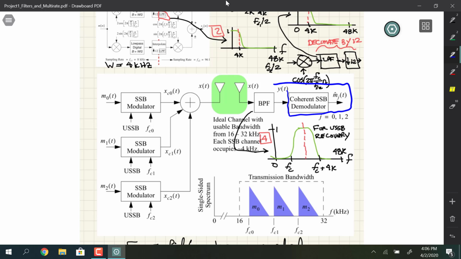So I'm looking at task 2, I think it is. Let's see. Making sure I'm getting the right part. Maybe it's not task.